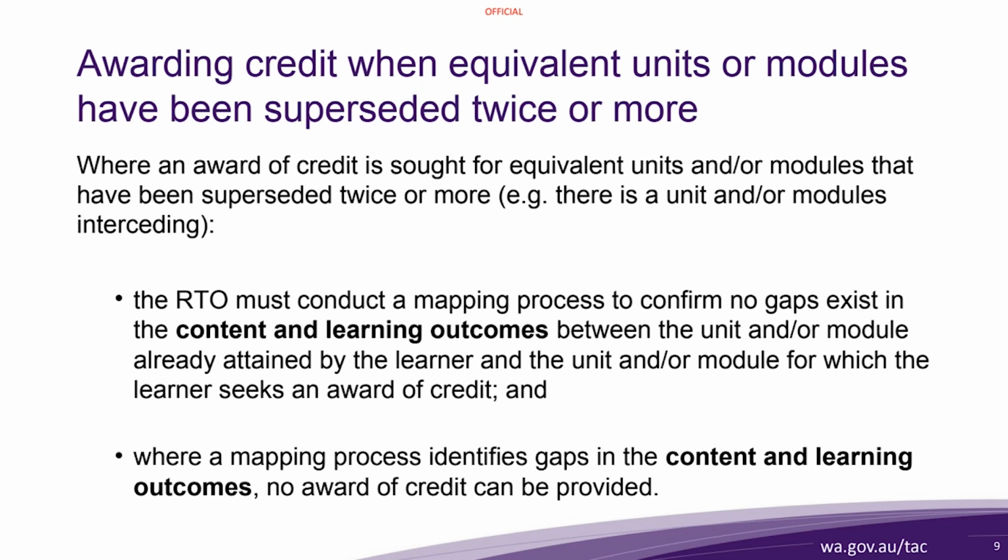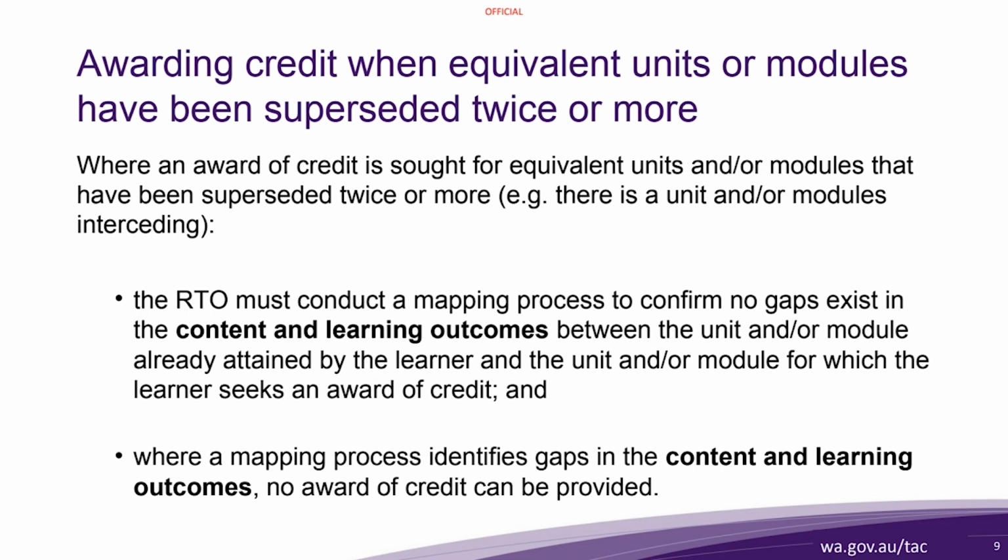So fundamentally, the rule that is being applied is that where a unit of competency is superseded twice or more, you must conduct a mapping process to confirm no gaps exist in the content and learning outcomes between the unit and or module already attained by the learner and the unit and or module for which the learner seeks an award of credit.